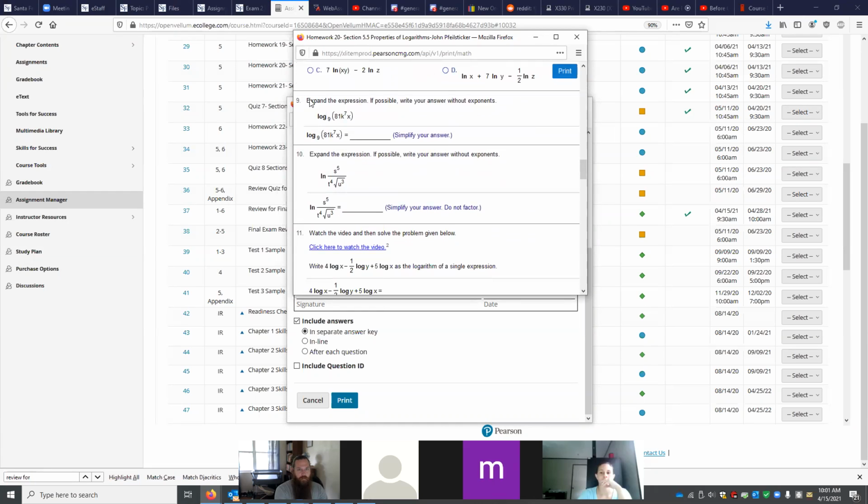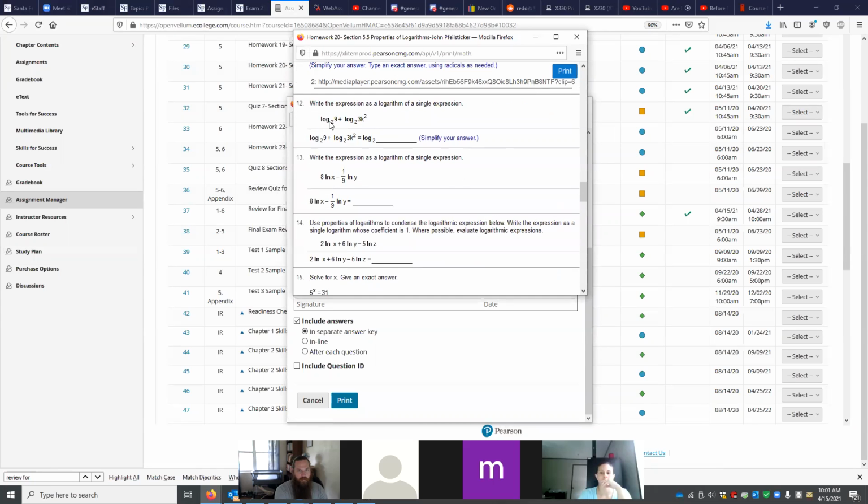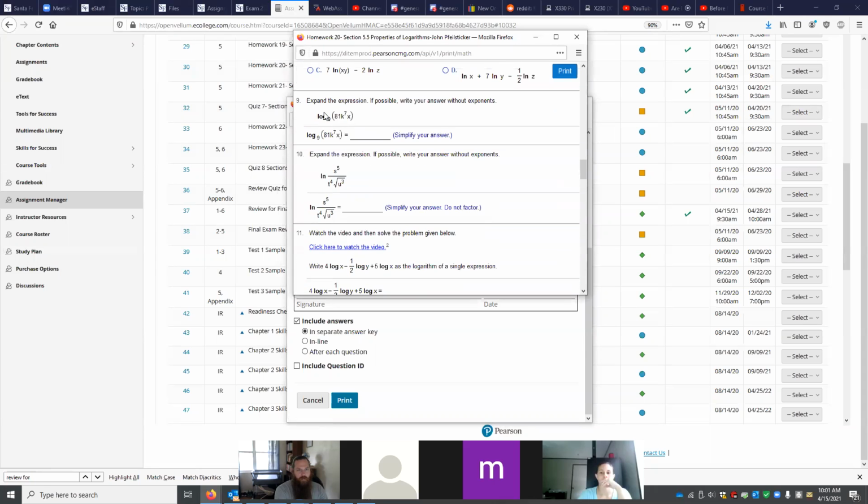Number 9 here says to expand this expression as much as possible, rewrite without exponents. And number 12 is asking us to combine these two logarithms into a single log. So let's look at number 9 first. We have the base 9 logarithm of 81 times k to the 7 times x.